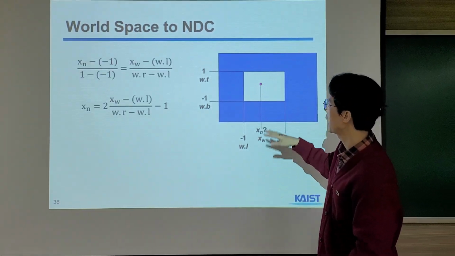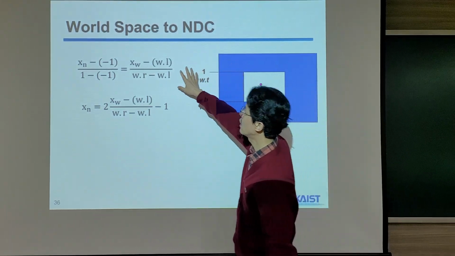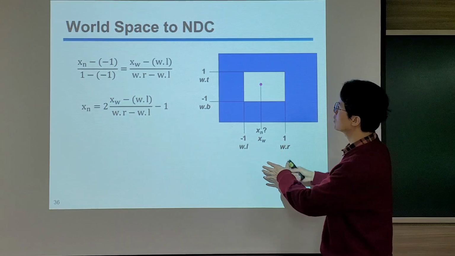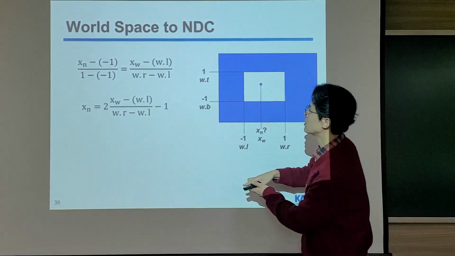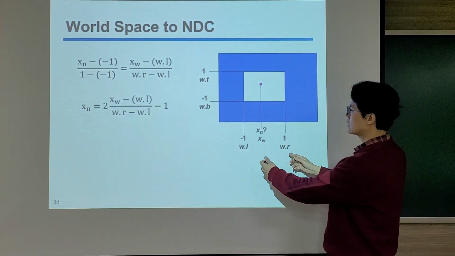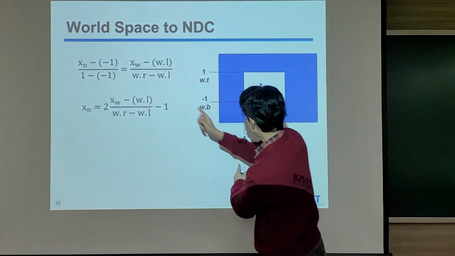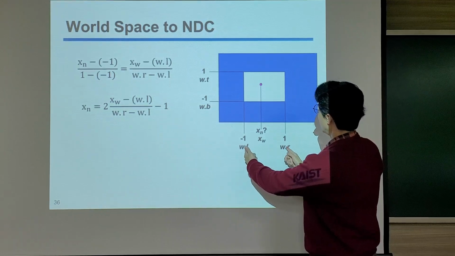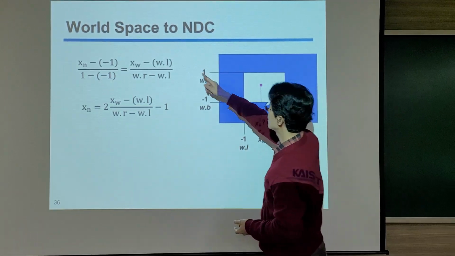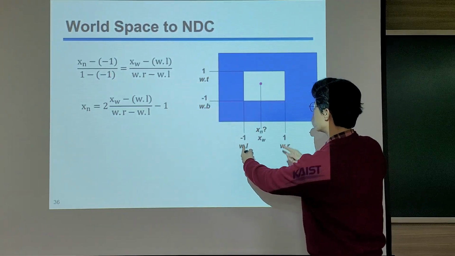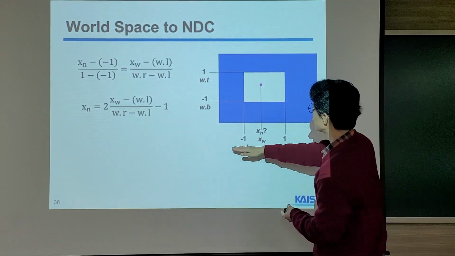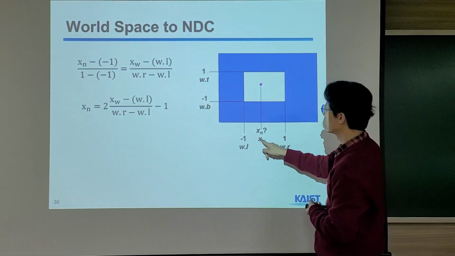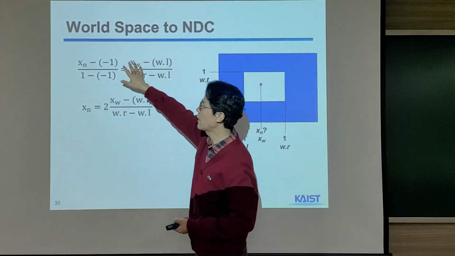So based on that assumption, we can set up this relationship: we look at the ratio between L and R in the world space, and the ratio from L to XW. We want to maintain the ratio between the whole width and the width up to the point, even in the NDC space.